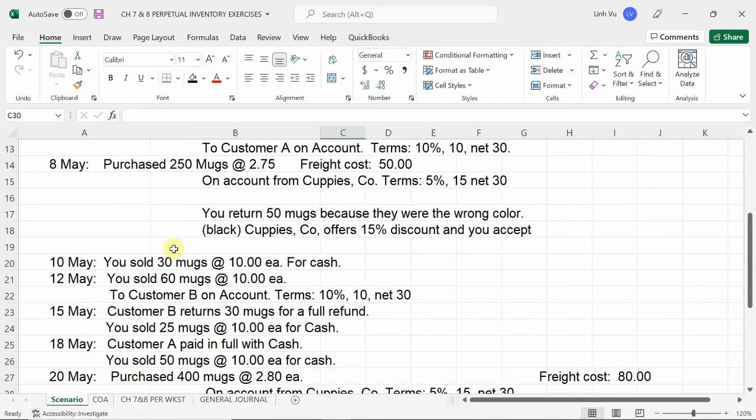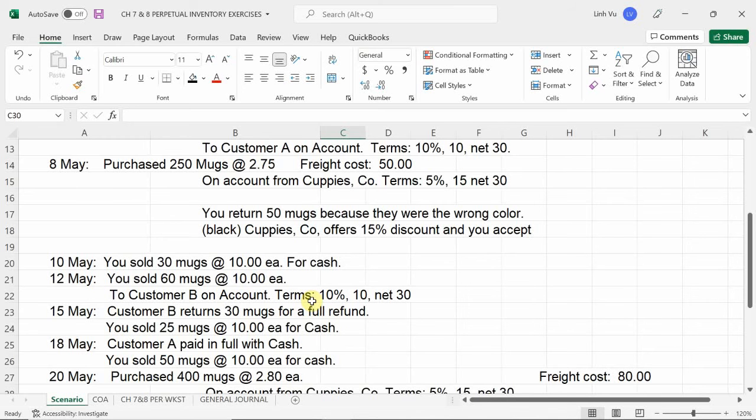However, customer B made a refund on May 15th. The original sale date was May 12th, and we gave the terms of 10% if they paid within 10 days. If not, they had to pay in full in 30.